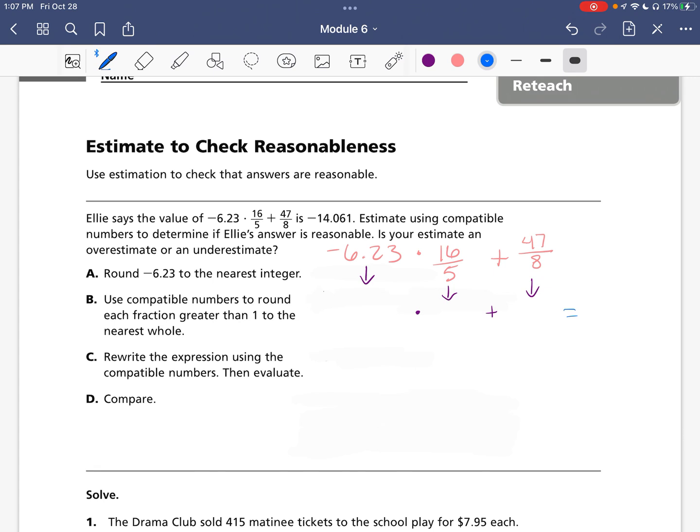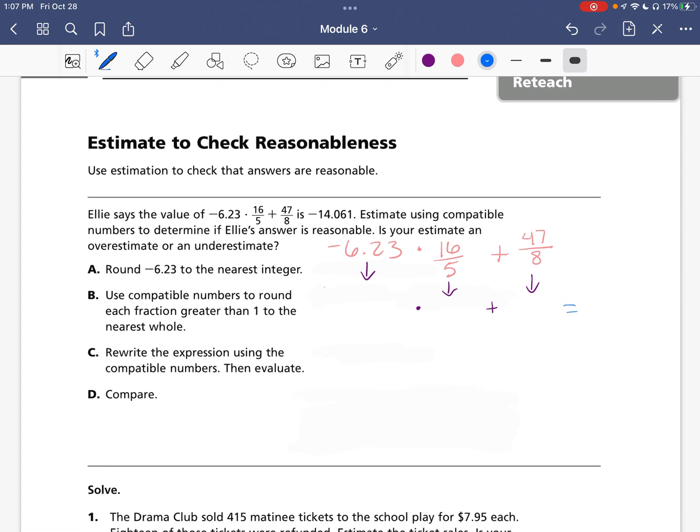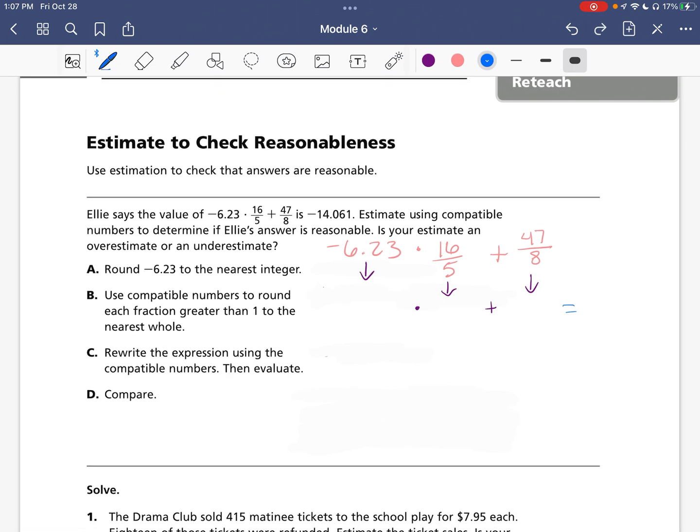So we first need to round our decimal, and that's going to be rounded to -6. That's going to be our closest number, the nearest integer, so think whole number. Use compatible numbers to round each fraction greater than 1 to the nearest whole.